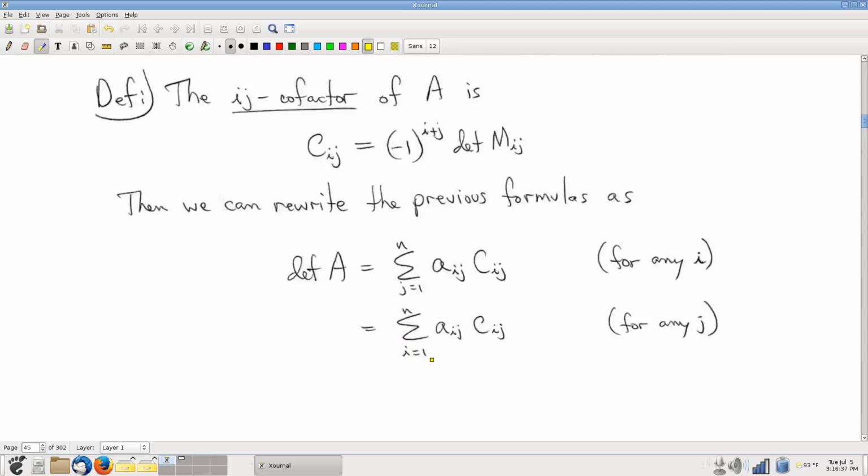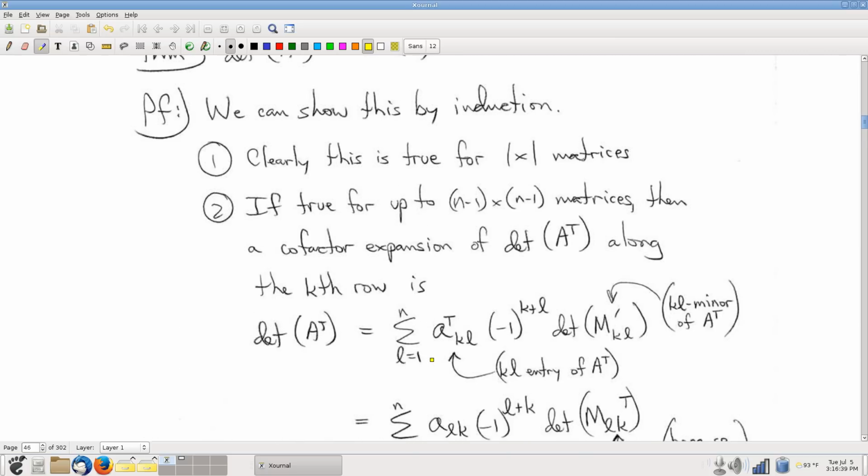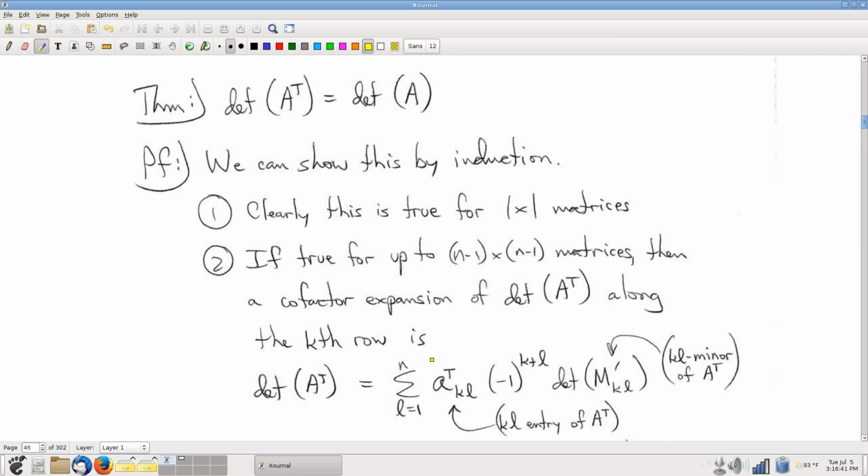Okay. All right. So I do want to prove one result. There's a surprising fact about determinants that we are now prepared to prove. Very surprisingly, when you take the transpose of a matrix, the determinant does not change. Pretty unexpected.